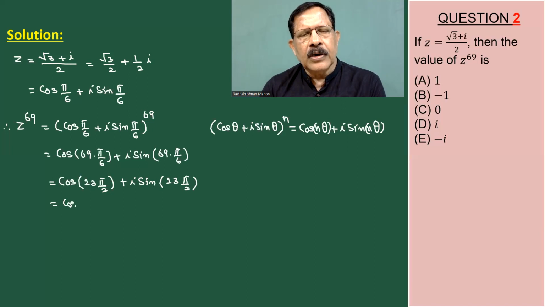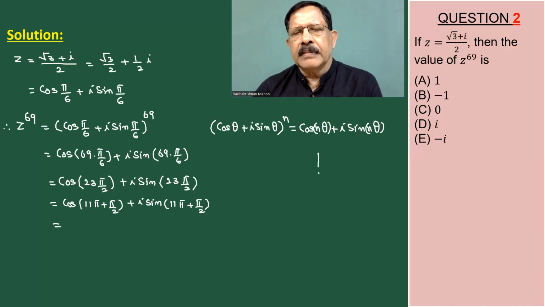This is equal to cos of 23 pi by 2, which is 11 pi plus pi by 2, plus i sine again of 11 pi plus pi by 2. So 11 pi, an odd multiple of pi. So 11 pi plus pi by 2: an odd number, 2n plus 1, times pi, plus pi by 2.